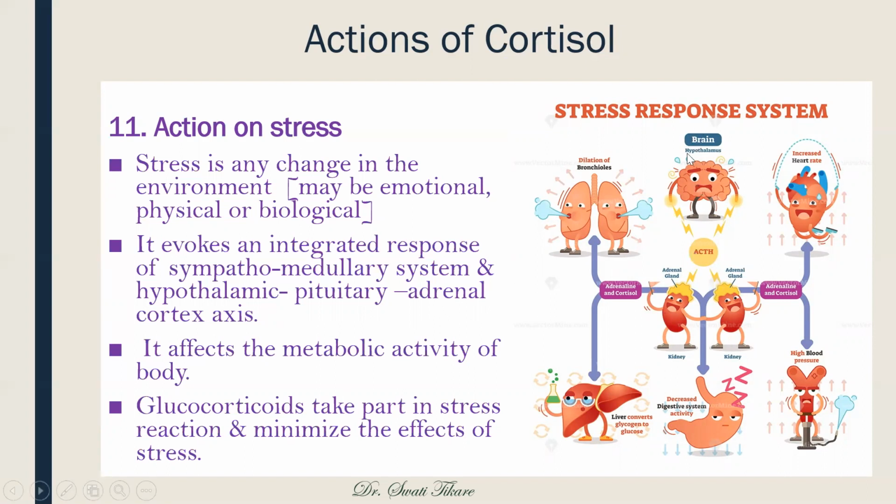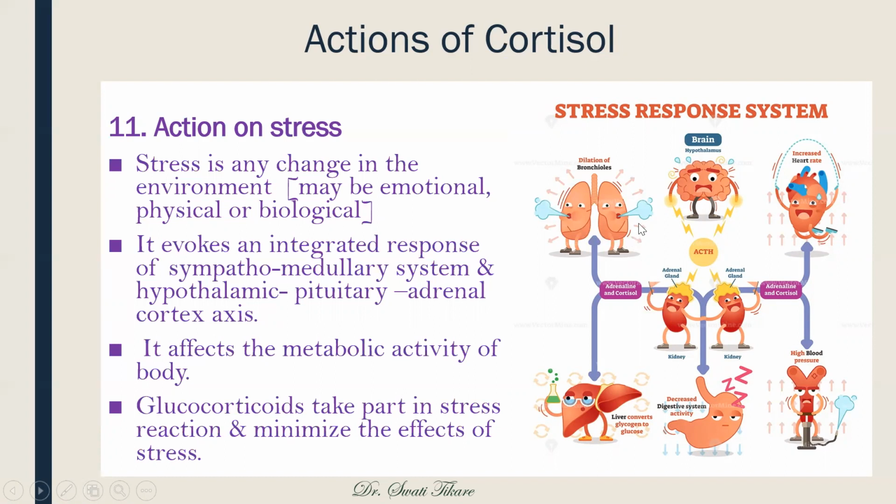The brain, once it senses the stress, the hypothalamus releases CRH, and then the anterior pituitary releases ACTH. It acts on the adrenal gland, okay, and releases both cortisol and adrenaline.